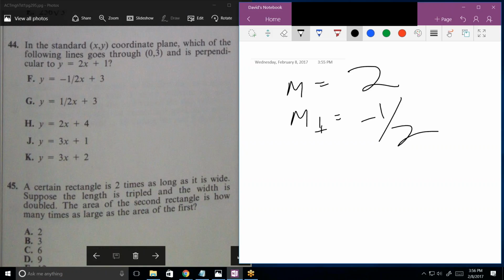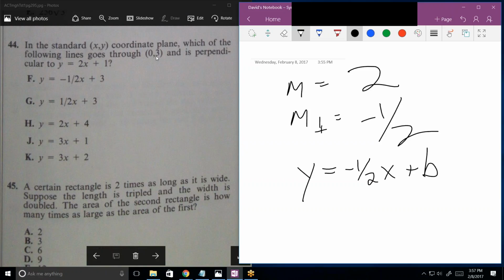So that gives us a lot. In fact, there's only one answer on there that has negative 1/2 as the slope. So we don't even have to take into consideration the fact that it goes through that point. Now, we could solve it if it wasn't multiple choice.